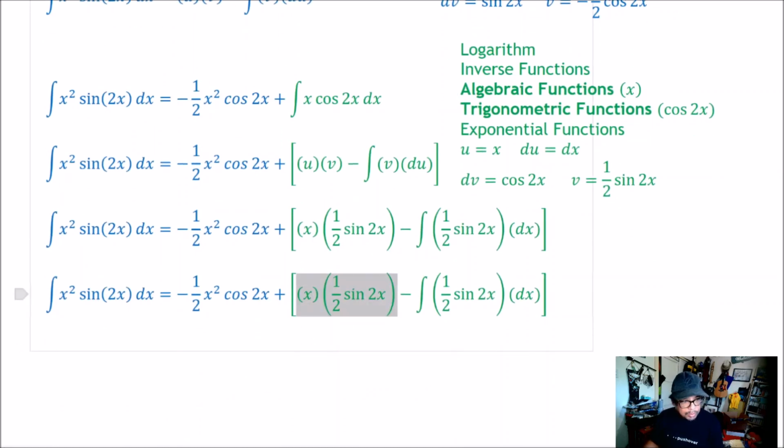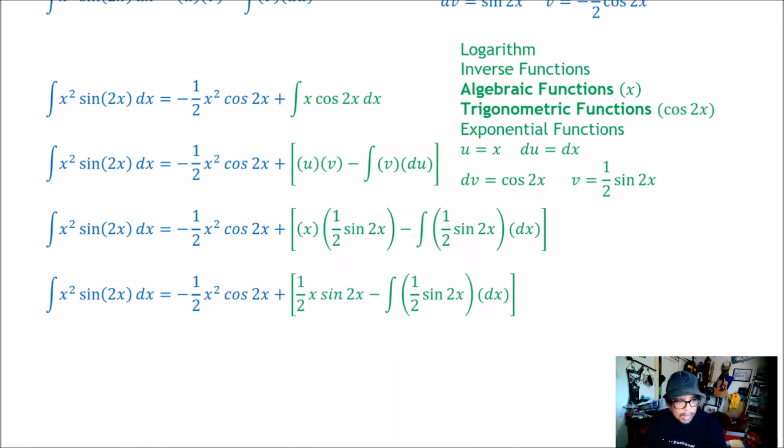Starting with this one right here, we've got 1/2 of, well, x multiplied by 1/2 sine 2x. That's the same thing as 1/2 x sine 2x. And then this integral back here, we can take that 1/2 out. That's just 1/2 sine of 2x, really. There we are, simplified: 1/2 sine 2x.